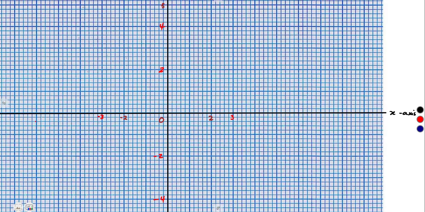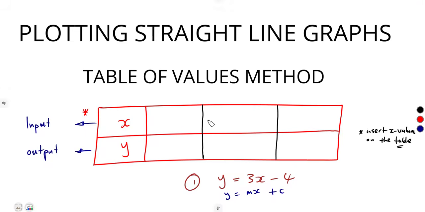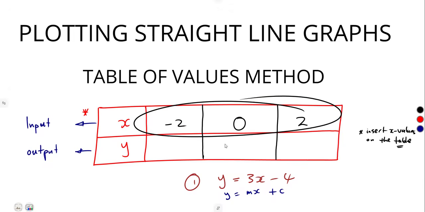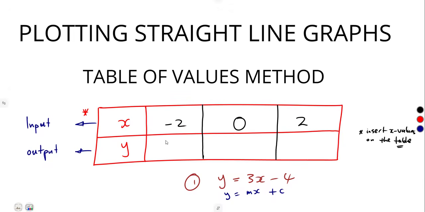Those are the inputs. So you just use anyone that you want. So I'm going to take -2, 0 and 2. For the x, you just take any three of your choice. These values are the ones which will determine the output values.